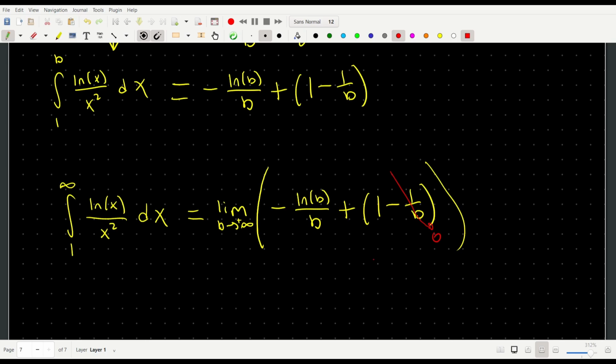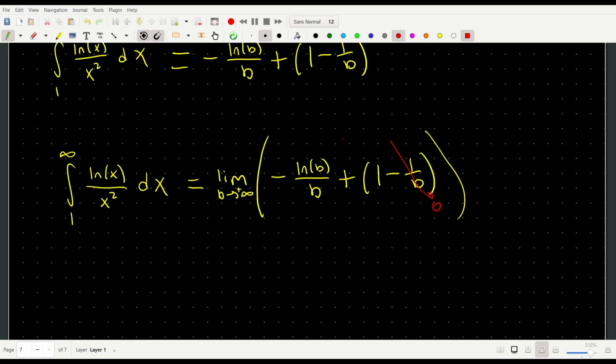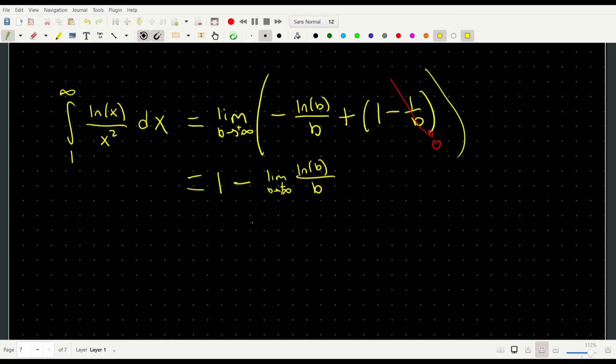And then lastly, I'll rewrite this to find our final limit, because the final one is the most complicated. It becomes 1 minus the limit as b goes to positive infinity of natural log of b over b. And this can be found by a direct application of L'Hopital's rule.